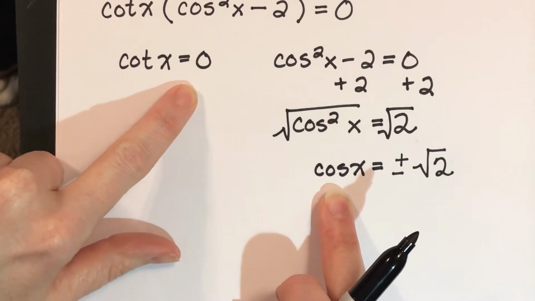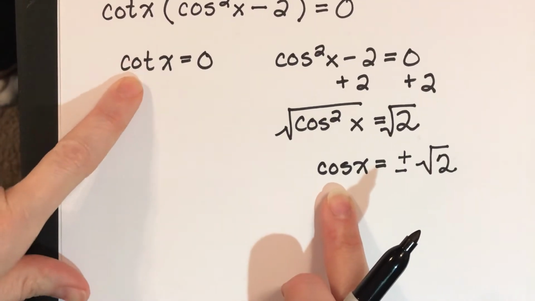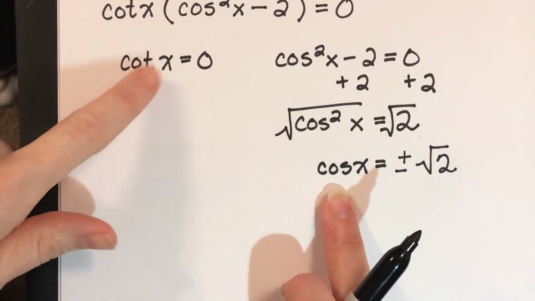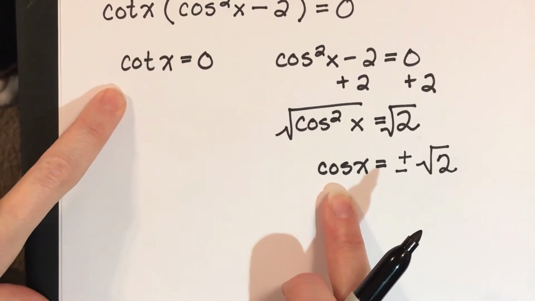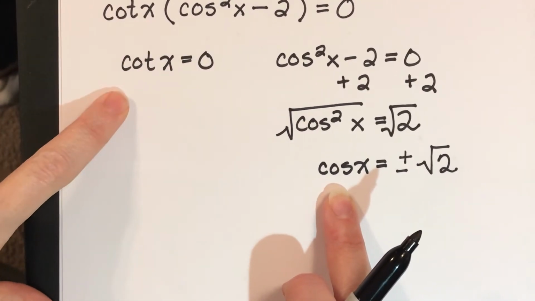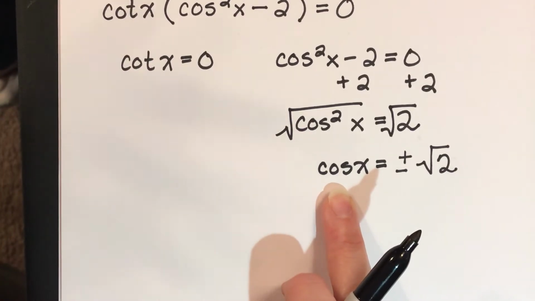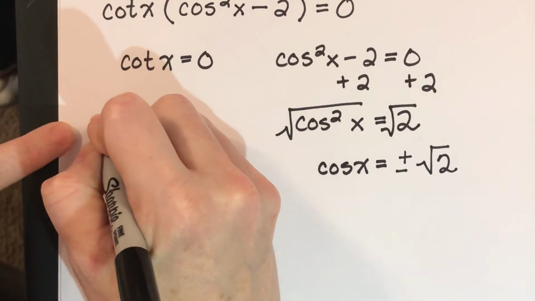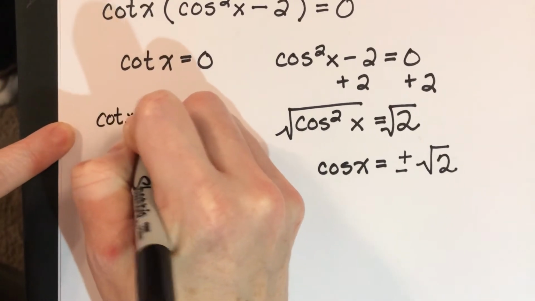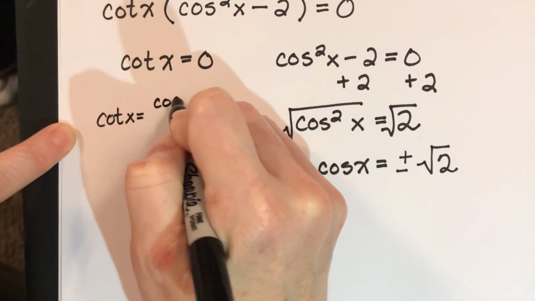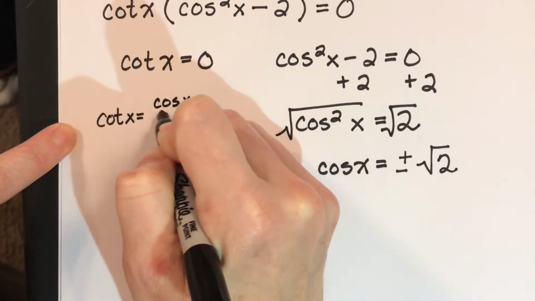So where is the cotangent of x equal to 0? Well, cotangent is the reciprocal of tangent. So if tangent is sine over cosine, remember that cotangent equals cosine over sine.